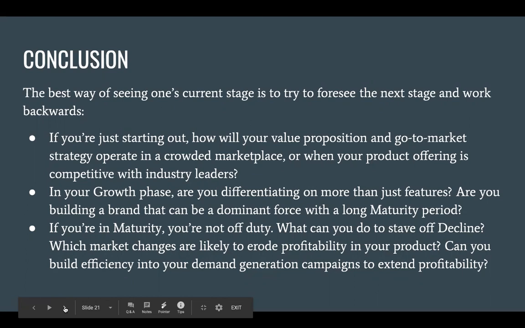And if you're in maturity, you're not off duty. What can you do to try and get decline to not come? Which market changes are likely to erode profitability in your product? And can you build efficiency into your demand generation campaigns to extend profitability? You have to ask yourself a lot of questions during each phase to make sure you can make a lot of money during that phase or not lose any.